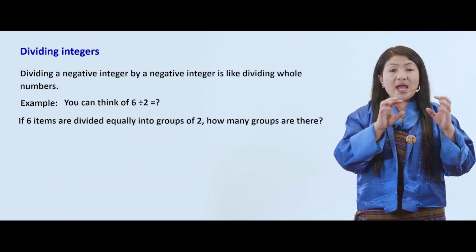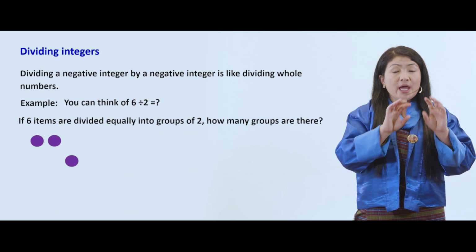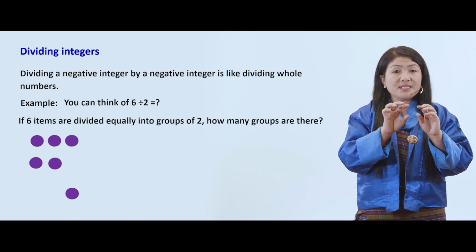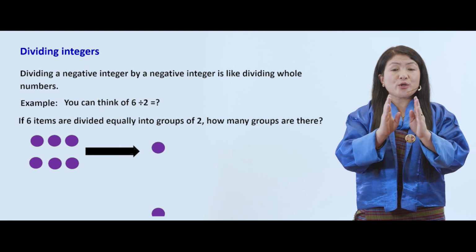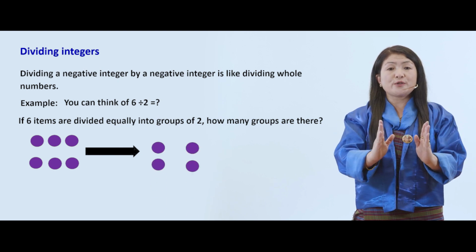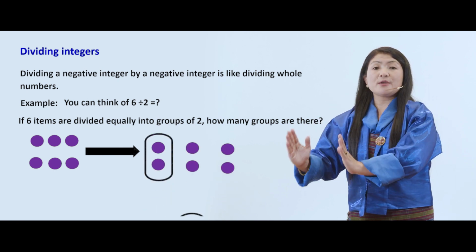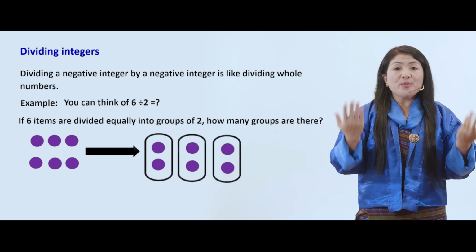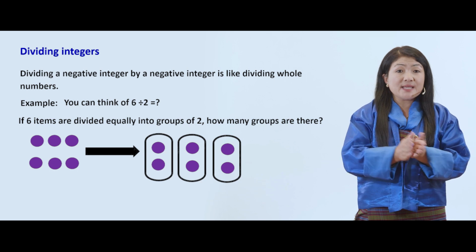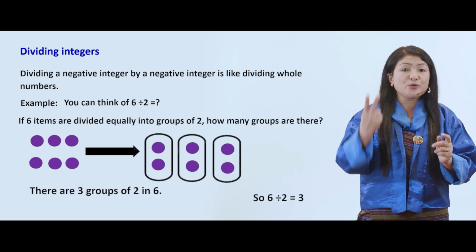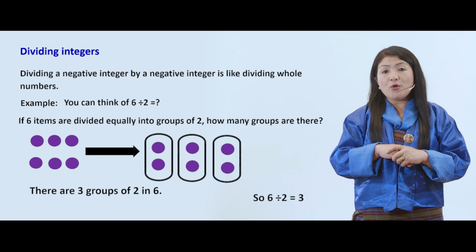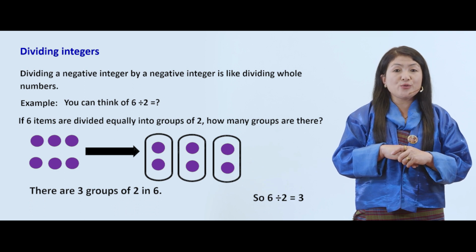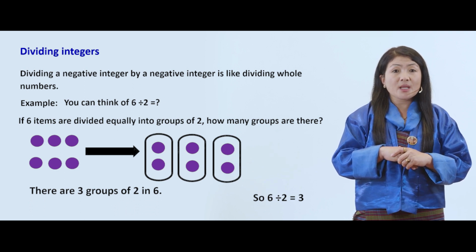So let's say I have 6 items here, and when 6 items are divided into groups of 2, one group of 2, another group of 2, and another group of 2. So how many groups are there? We can say there are 3 groups of 2 in 6. So 6 divided by 2 is 3.